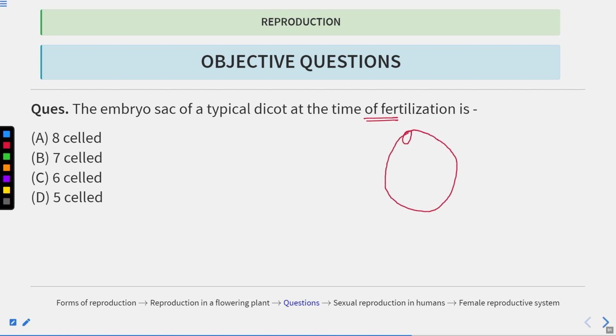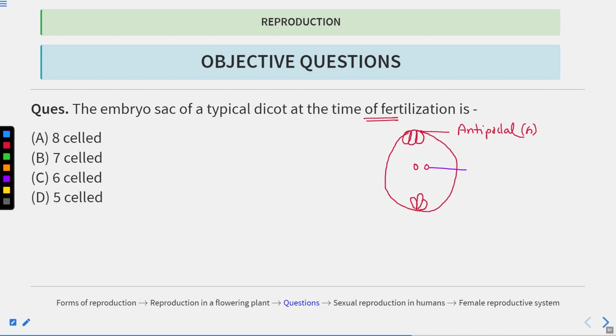So what happens again? Here we have the antipodal cells. Here we have the egg cell and the synergids, and in the center we have the two polar bodies. These are the antipodal cells, which will be haploid.